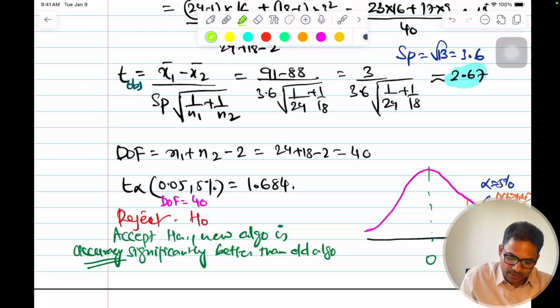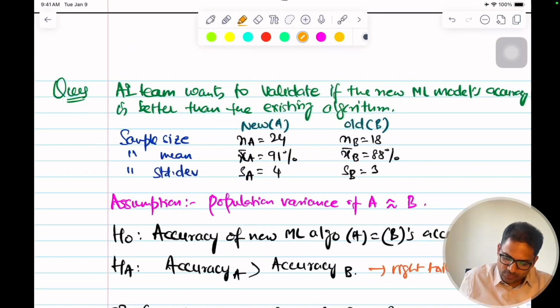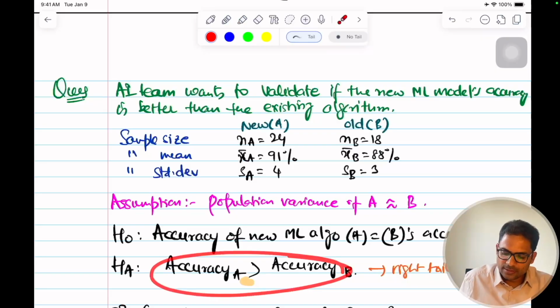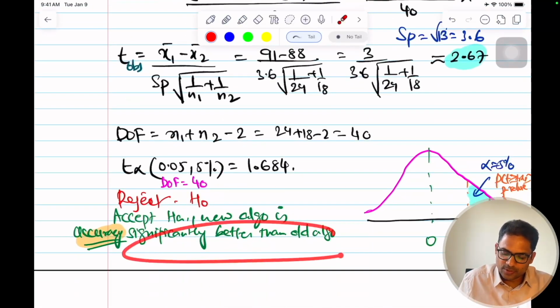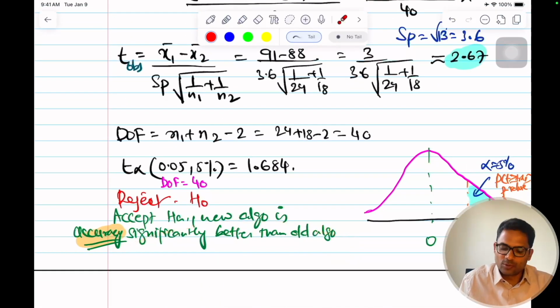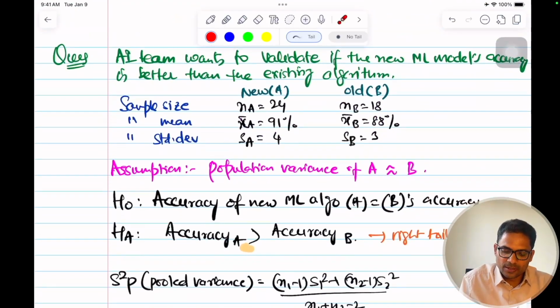That's what we are comparing. That's what was our alternate hypothesis: accuracy of A is greater than B. So this is significantly higher, because we have rejected the null hypothesis and the new model is performing better.